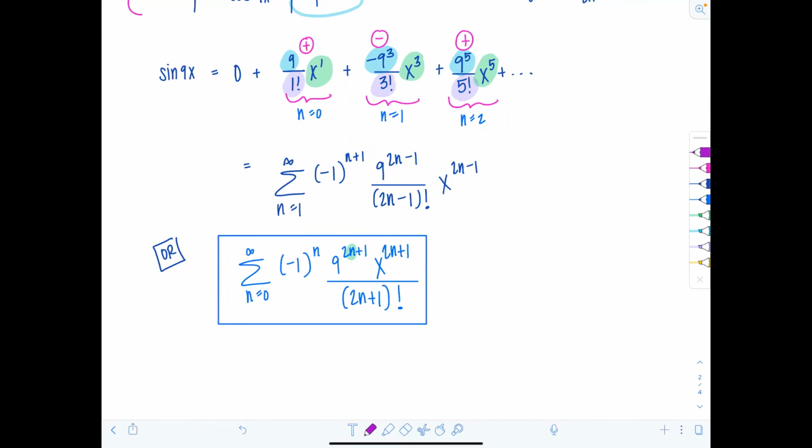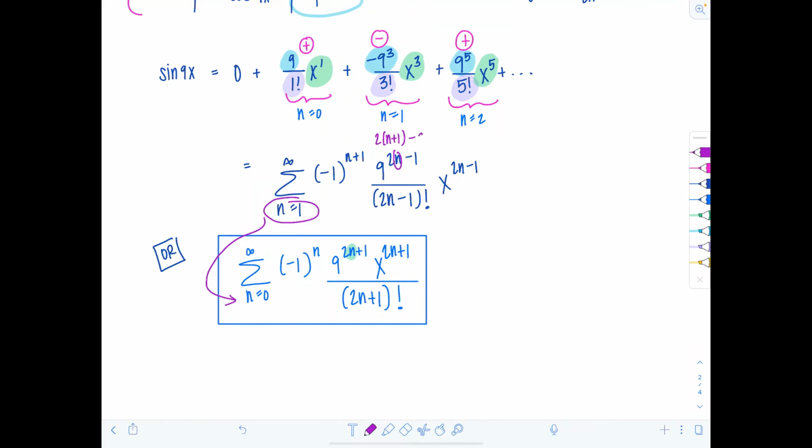And notice, if you want to shift your index, you don't have to necessarily restart from scratch. You could have just said, oh, I want to start at 0 instead, so I'm going to lower where I start my sum from 1 to 0. And then to compensate, I'm going to increase the index by 1 in all of the expressions here. So instead of n, you would have n plus 1.